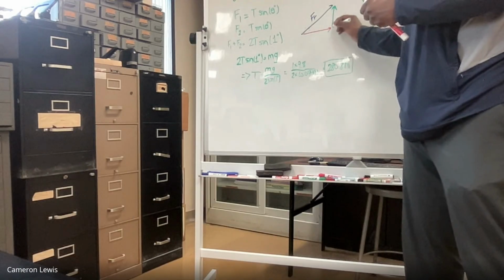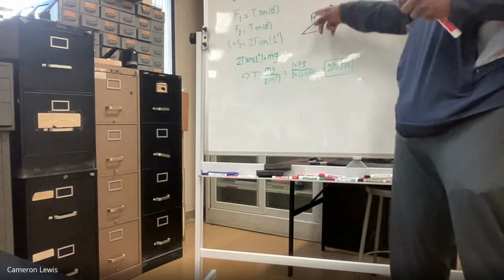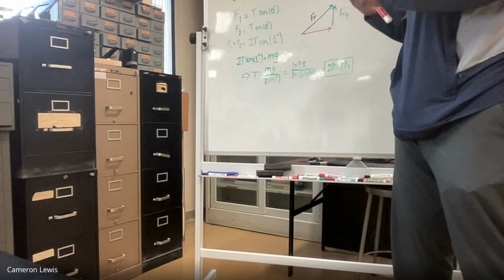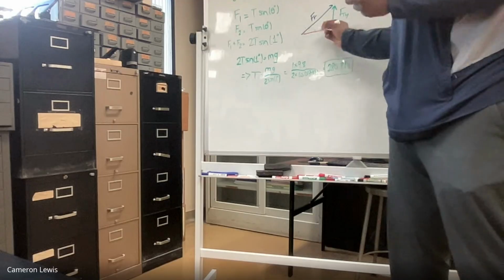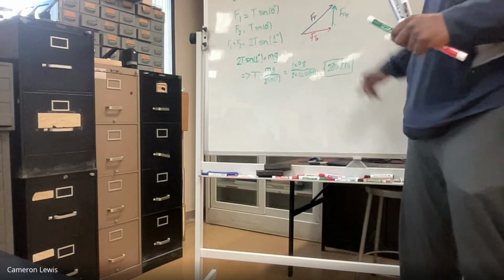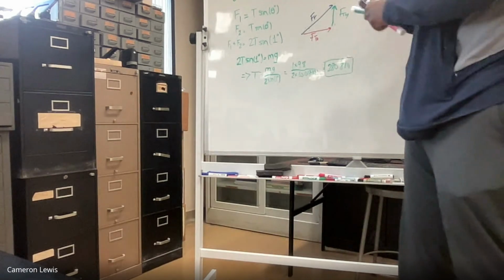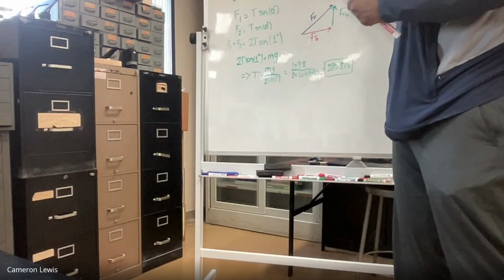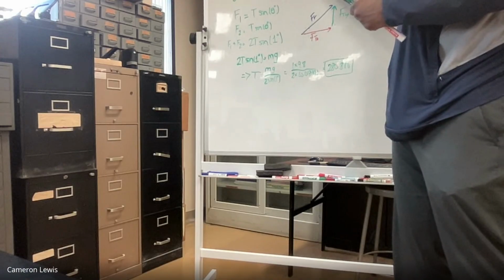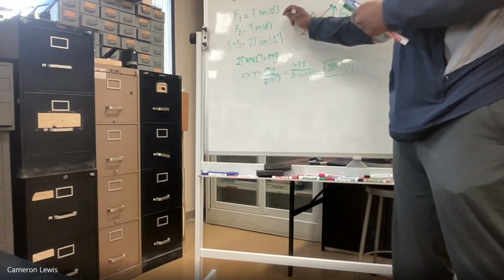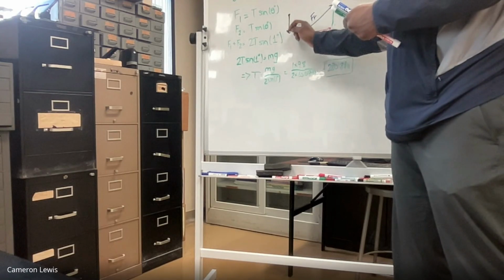Right? When we break this down, we know that we have our two components, the tension in Y and the tension in X. We're able to figure out by the free body diagram that yes, there is a tension force here on both sides, and that force counteracts gravity.